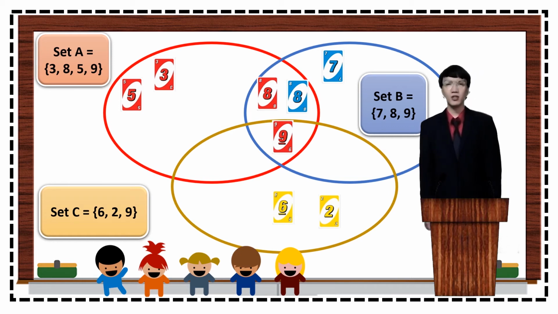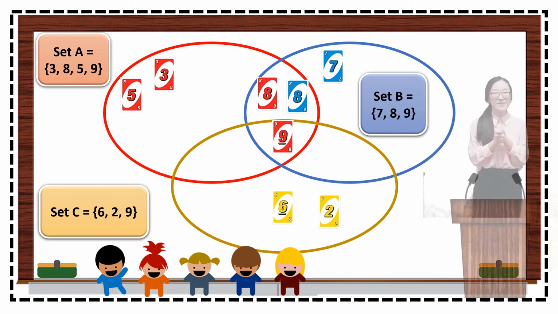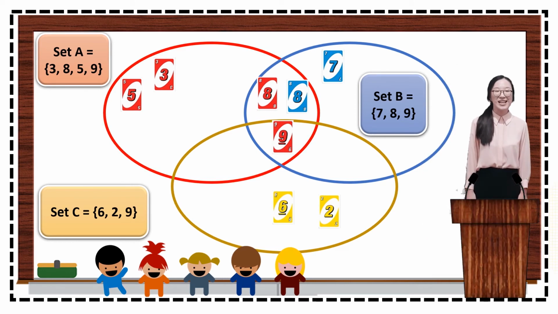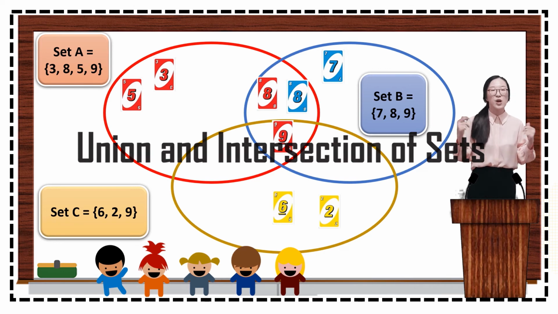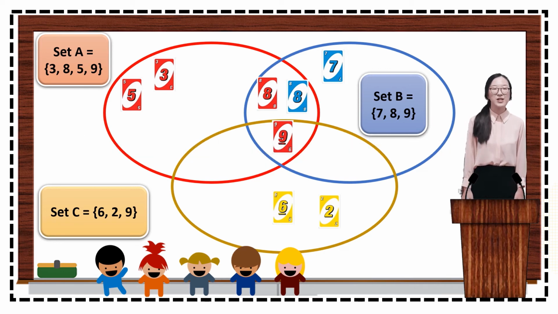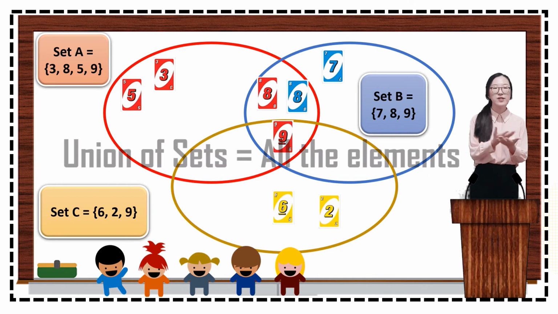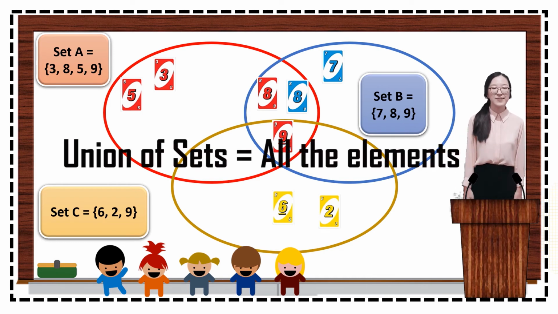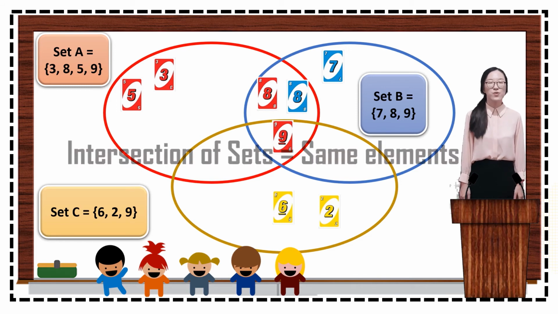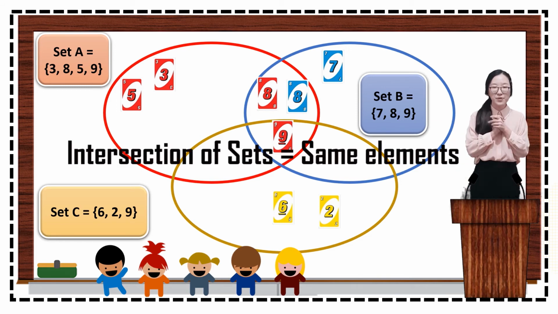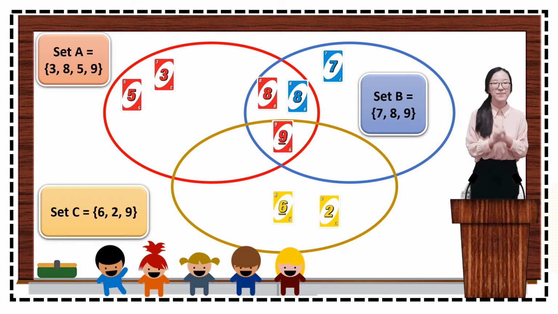Seems like we can proceed to the next topic to teach you how to do set operations using the Venn diagram. Using this information, let's try to solve for the union and intersection of sets. When we want to get a union of sets, we're looking for all the elements in the sets. Meanwhile, when we want to get an intersection of sets, we're looking for the same elements that are present in the sets.